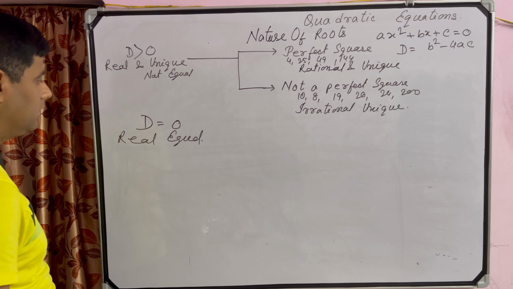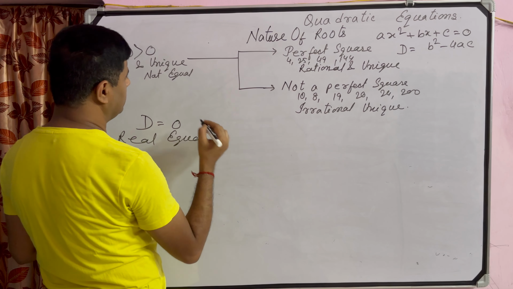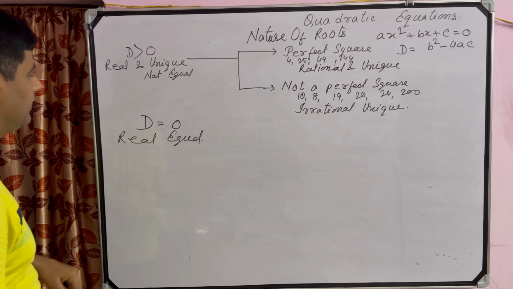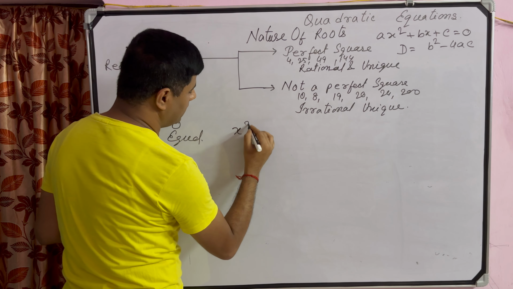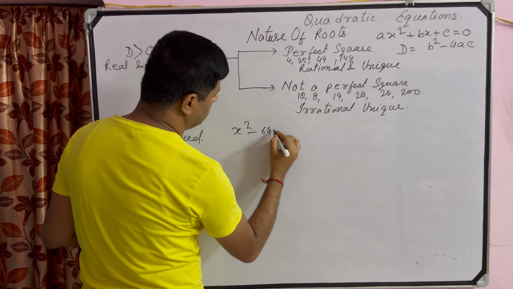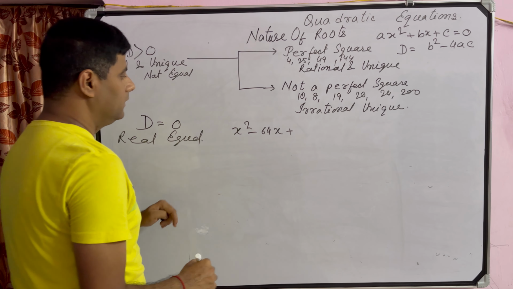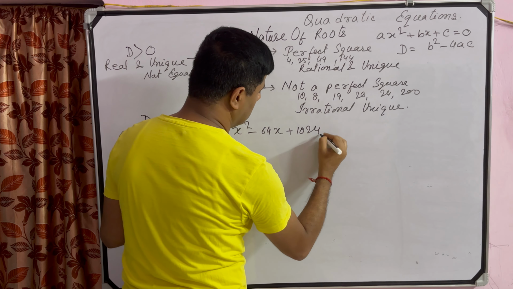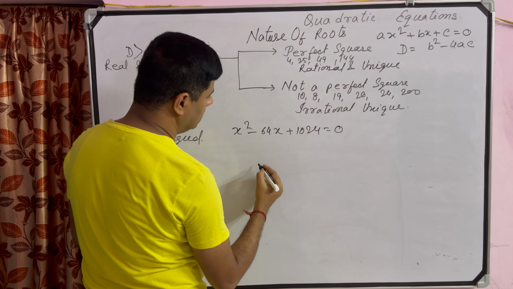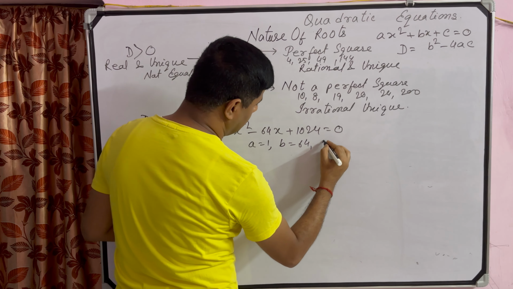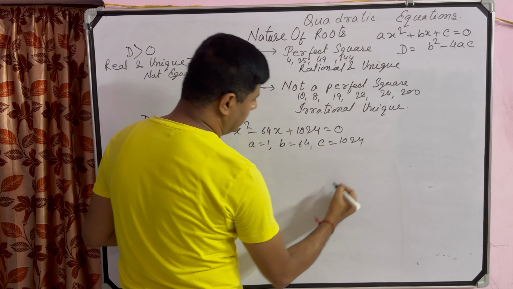Case number 2: if D equals 0, then the roots are real, but they are equal, right? You can take any example, like x squared minus 64x plus 1024. Here a equals 1, b equals 64, and c equals 1024.